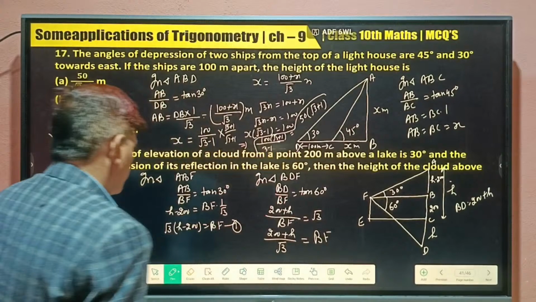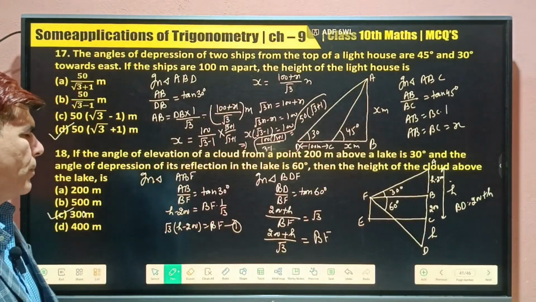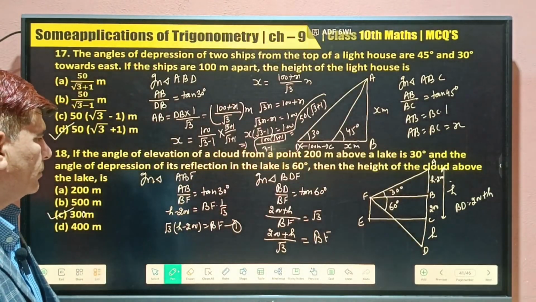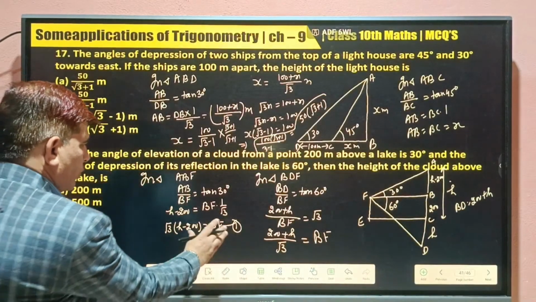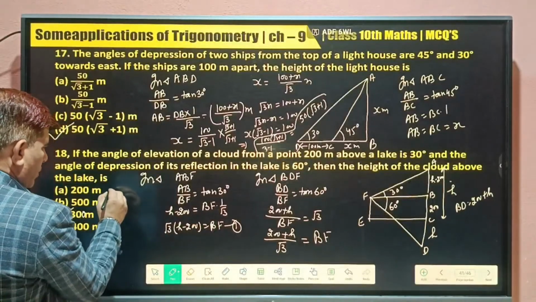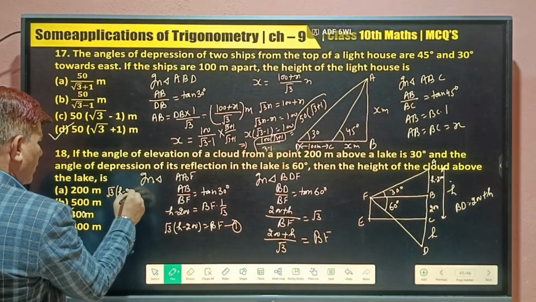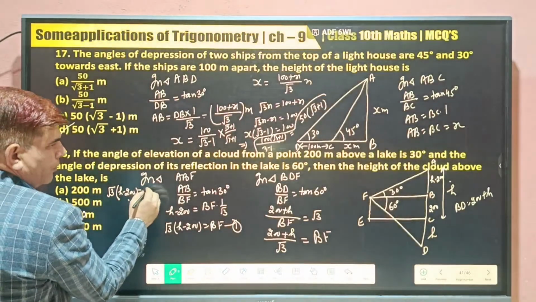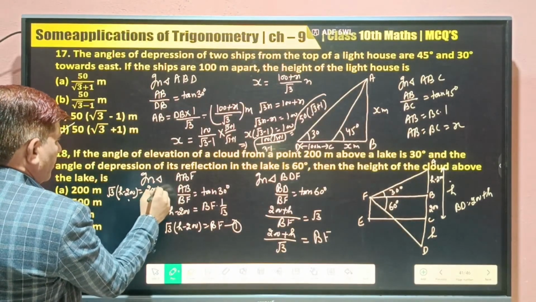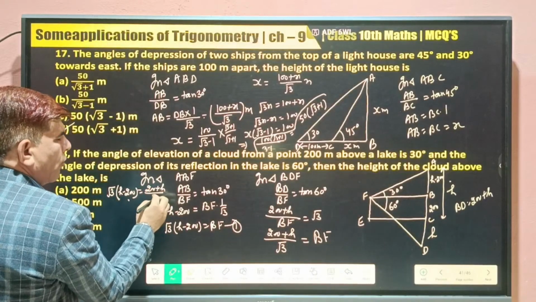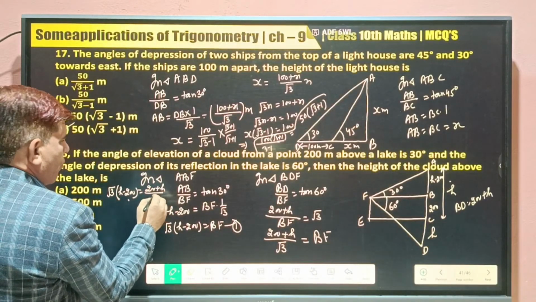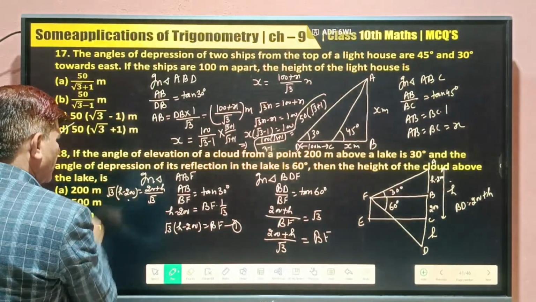Here also BF. Both are equal. So root 3 into H minus 200 equals 200 plus H by root 3.